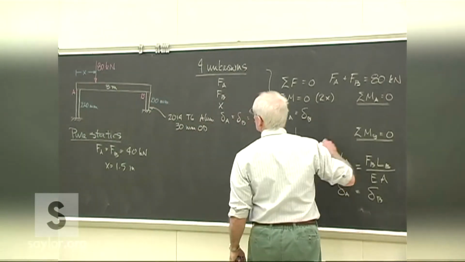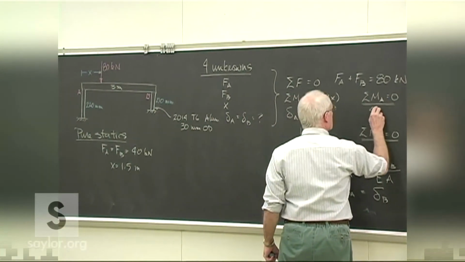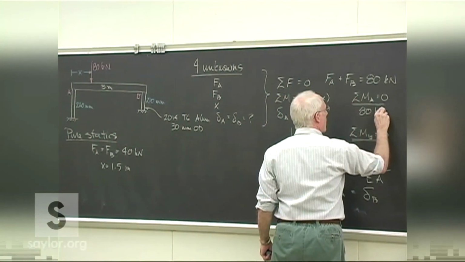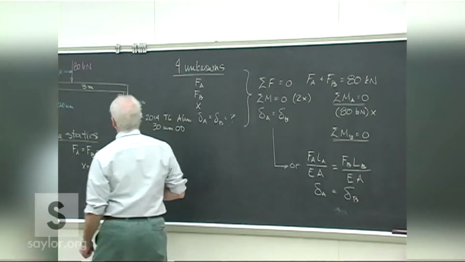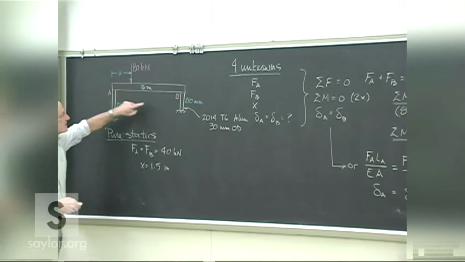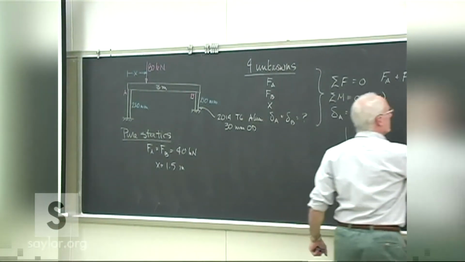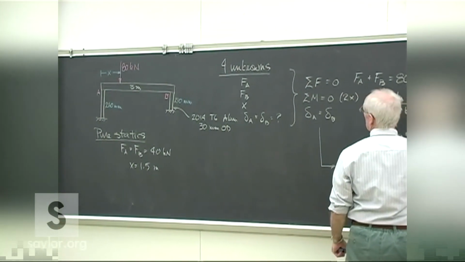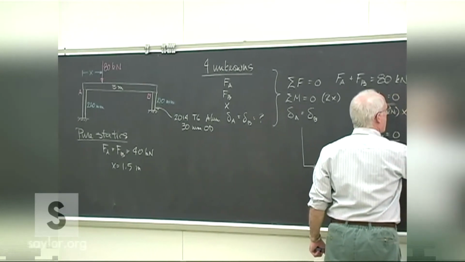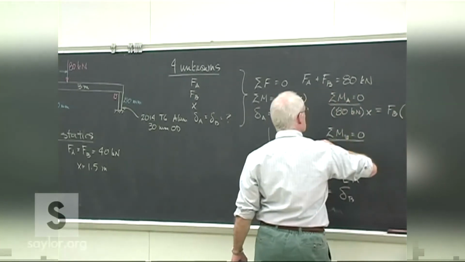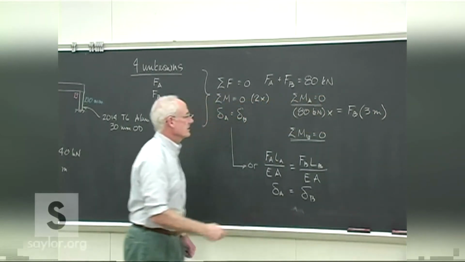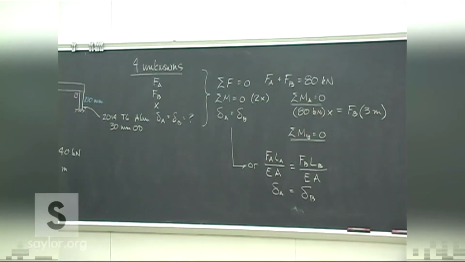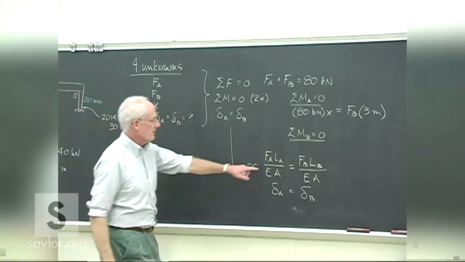Sum the moments about A. We know that the moment caused by the load must be opposed by the moment caused by B. And that's 3 meters. So there's your first equation. Solve that for FB and put it in the deformation equation.